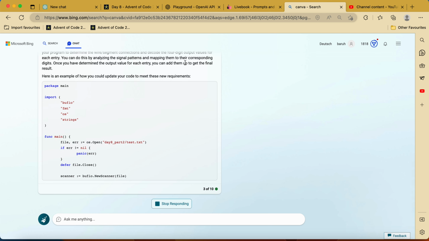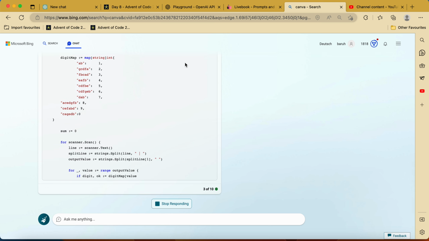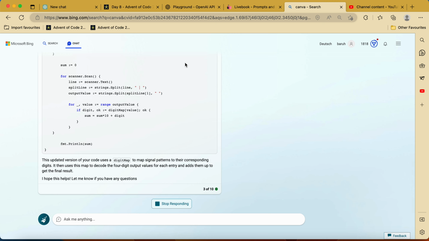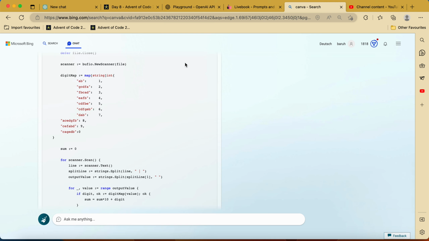And now what Bing is doing is mapping that, and it's using this map to read our input.